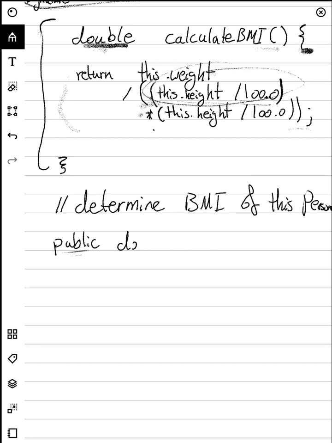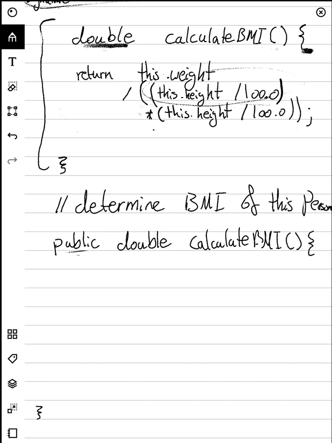And then we'll start with the return type, double. And calculate BMI. Whoops, that's not a B. BMI, empty parentheses, and an open brace, and I always like to end my brace.